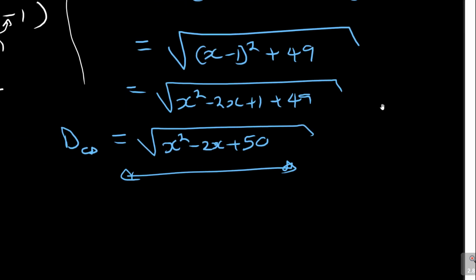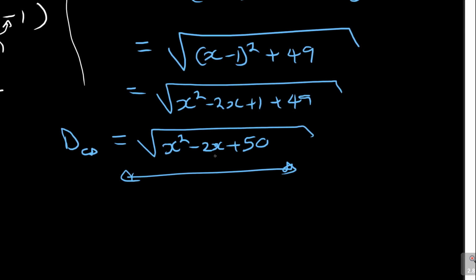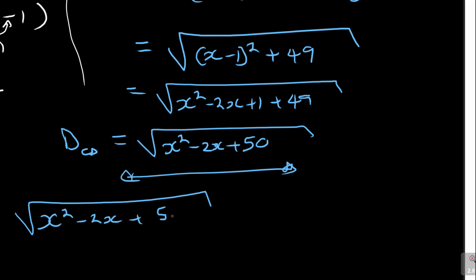So guess what? I've got the distance CD in terms of x, and I've got the actual length. Which means I can equate these two. That's how they want you to do it. The square root of x squared minus 2x plus 50 must be equal to the square root of 53. You see why?